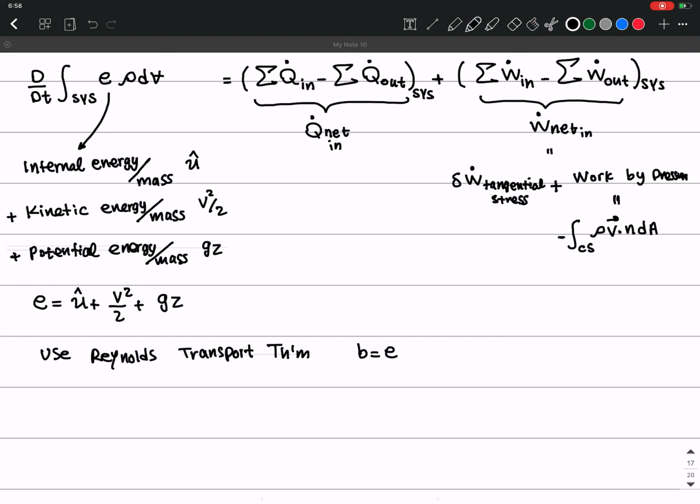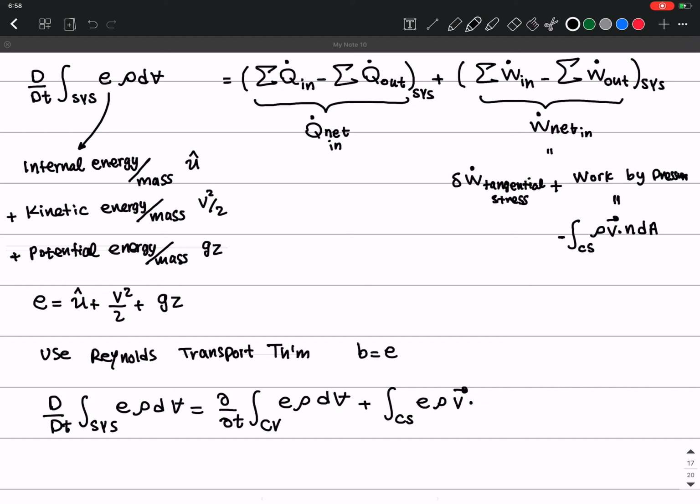So we have d over dt of the integral over the system of E rho dV equals partial t of the integral over the control volume of E rho dV plus the integral over the control surface of E rho V dot n dA.